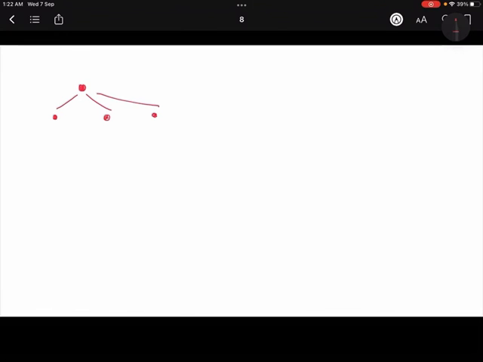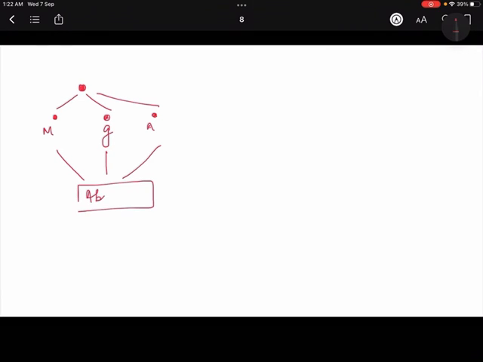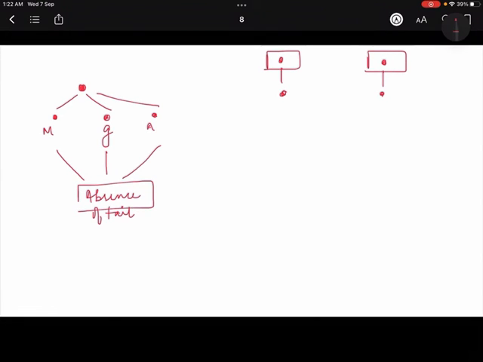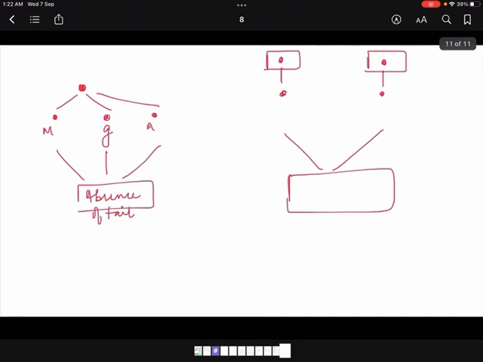For example, this is man, this is gibbon, this is ape, and they developed a similar character, that is absence of tail. Now here this is one species, this is second species, which do not have a common ancestor. Ancestors are different, but they still develop a similar feature.